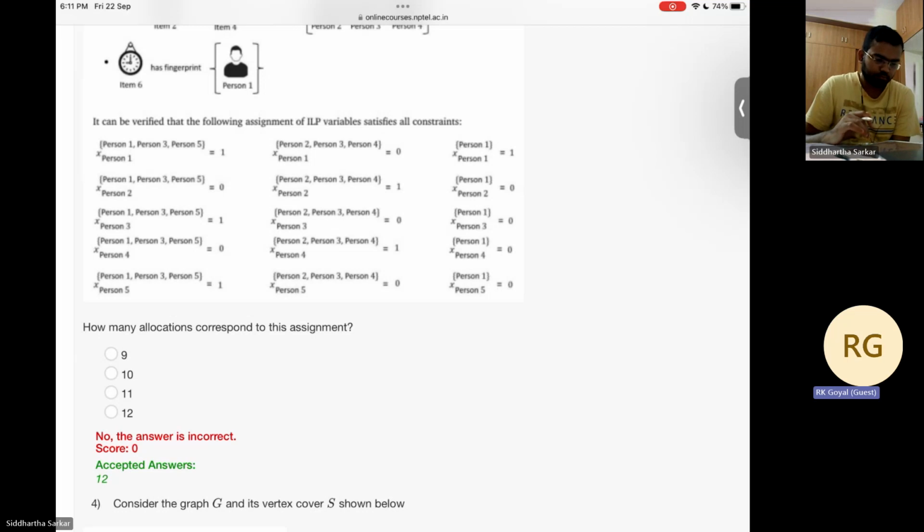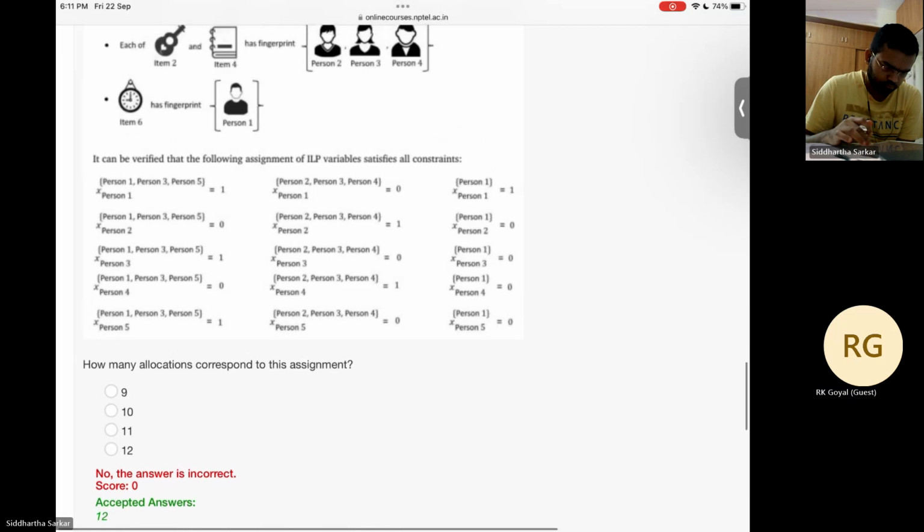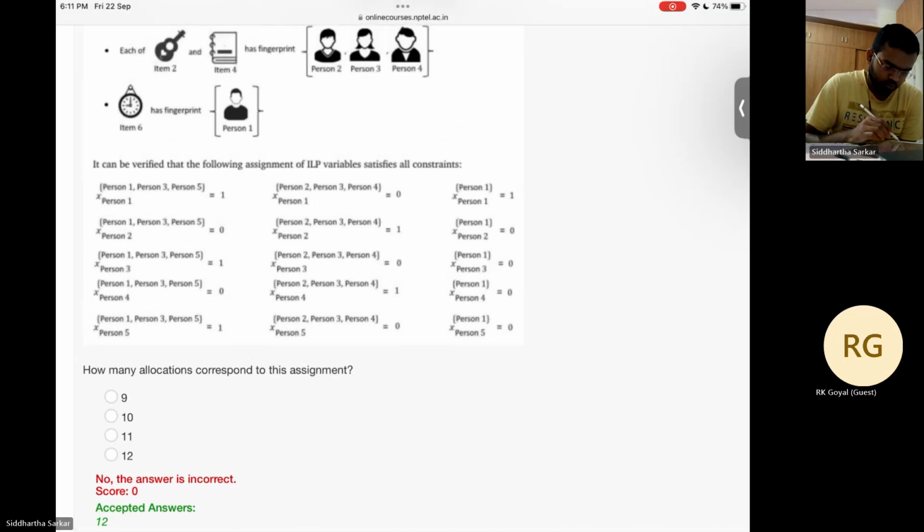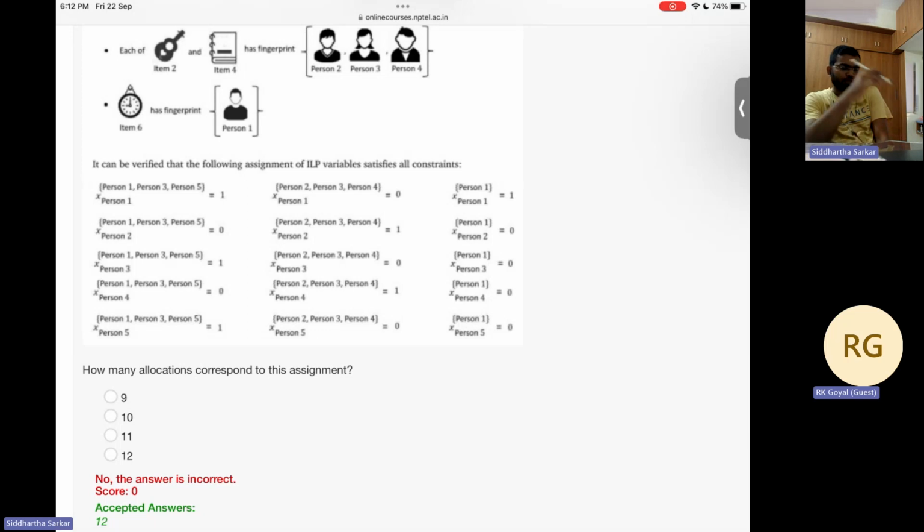Below it is written which person it is given to, in the subscript.